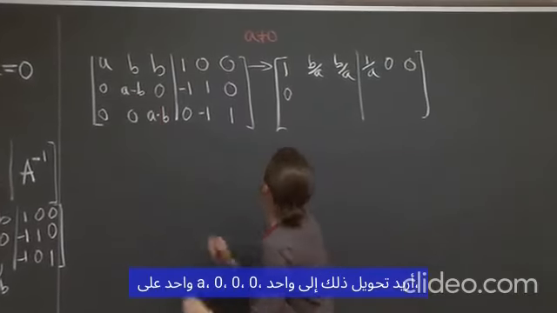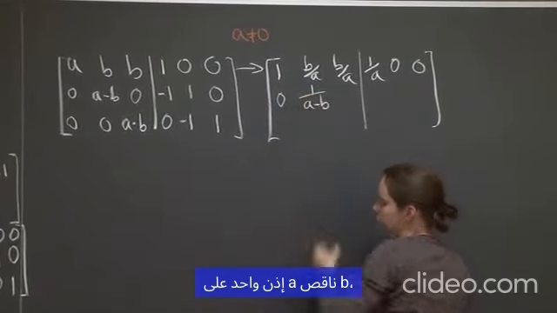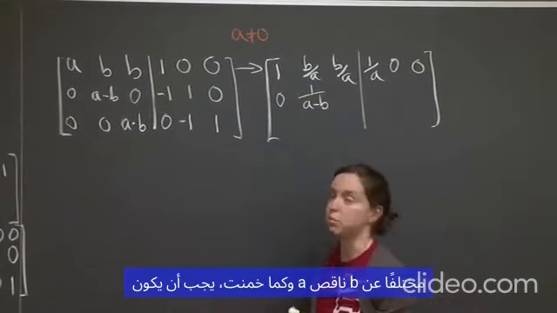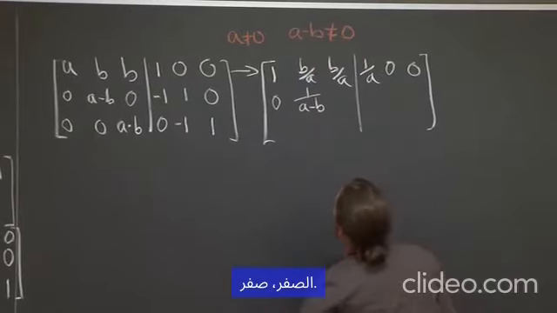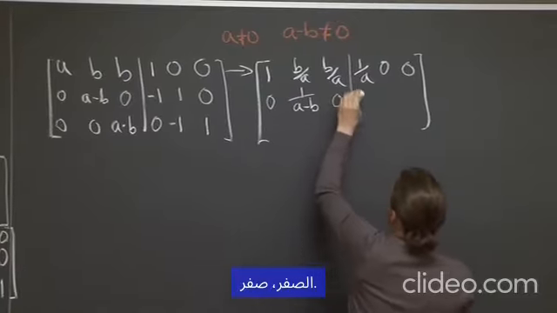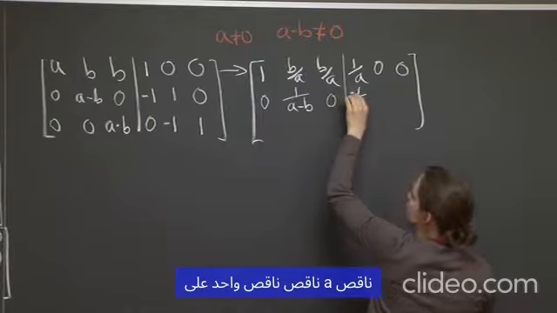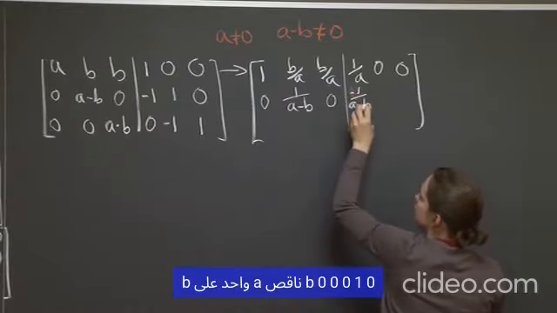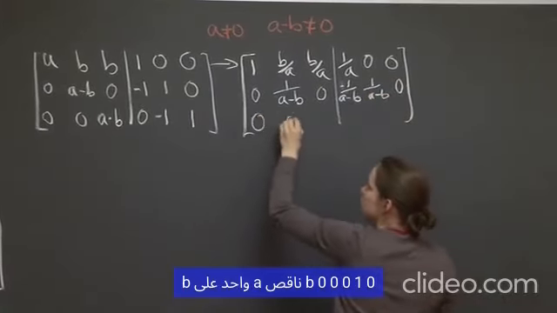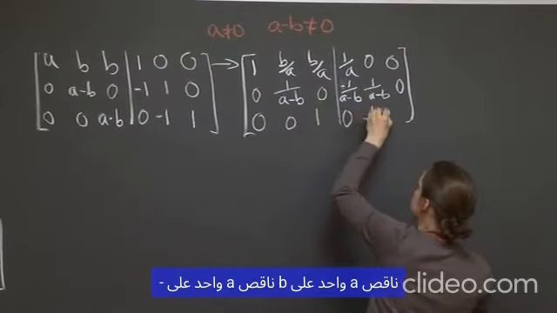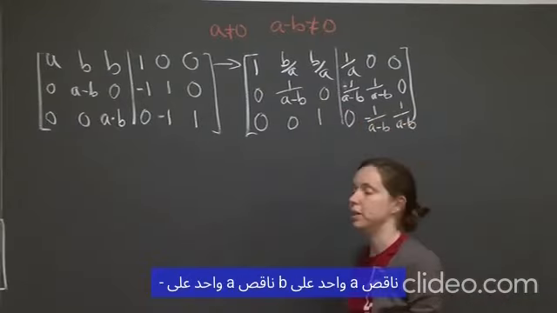I want to make that into a 1, so 1 over a minus b, and you guessed it, a minus b has to be different from 0. Then 0 minus 1 over a minus b, 1 over a minus b, 0, 0, 0, 1, 0, minus 1 over a minus b, 1 over a minus b.